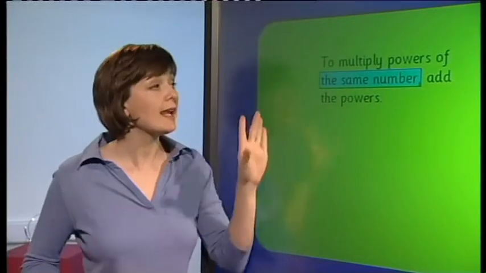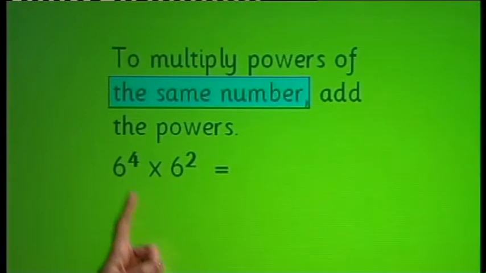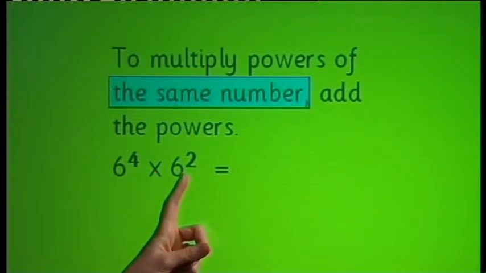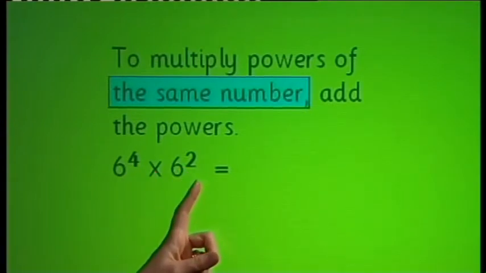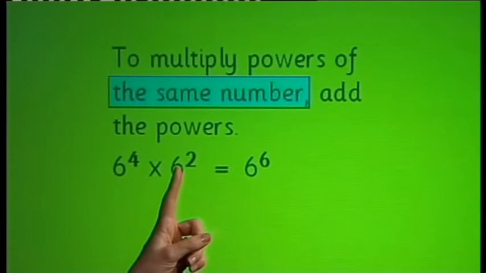So this rule allows you to work out that 6 to the power 4 times 6 to the power 2 is 6 to the power 6. Just add the 4 and the 2 to give you 6.